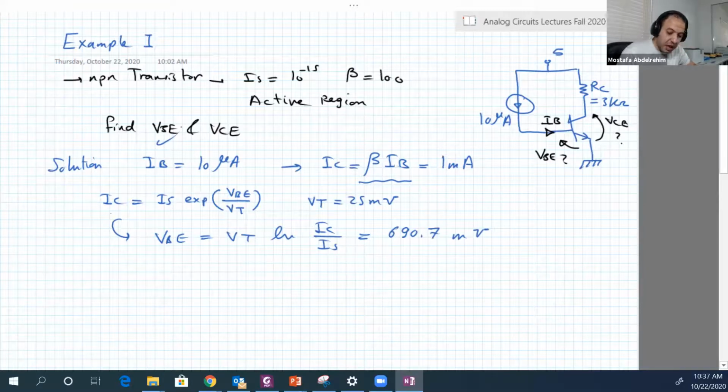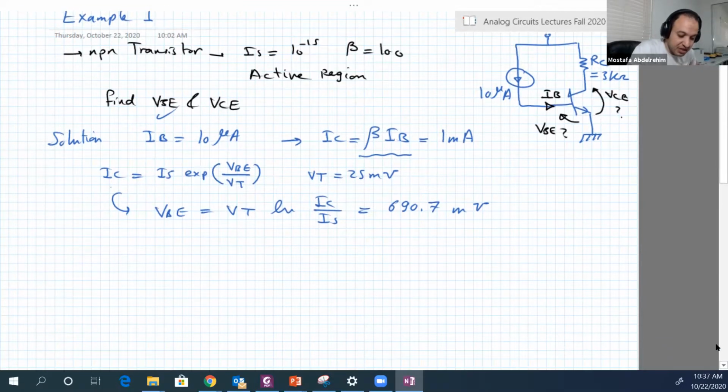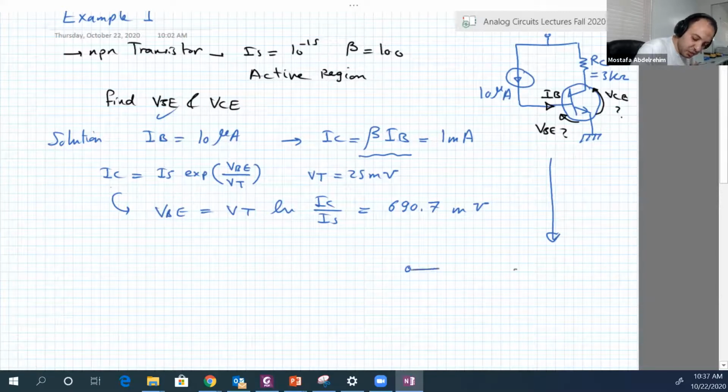Now VCE. Till this moment, by the way, we didn't use something. We just used that this current is equal to IB. Now let's draw the equivalent circuit, after substituting this symbol by its equivalent circuit. We have base, collector, and emitter.